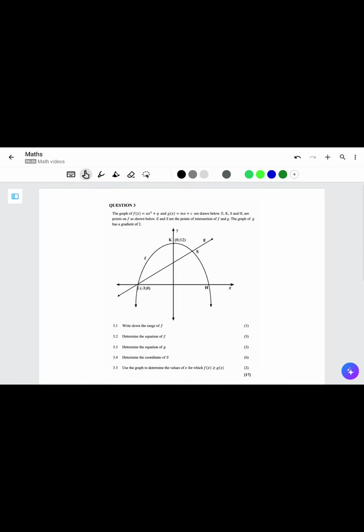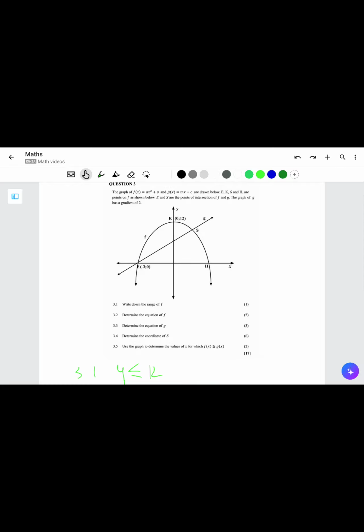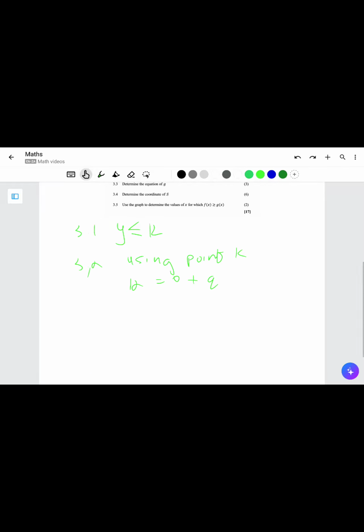As you can see, I'm substituting my 0 and my 12 into f of x, into that equation over there, because we know that x at K is 0 and y is 12. And remember, your q value is actually the y value of your turning point. So that's why 12 equals 0 plus q, and therefore we can deduce that q equals 12.